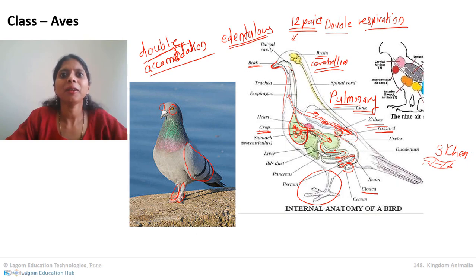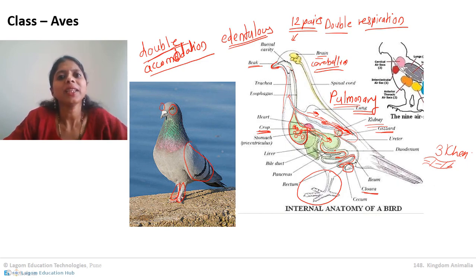For example, the peacock: males are very beautiful with very beautiful feathers, but females are not that good looking. Likewise, male and female look different, and many of them show clear-cut sexual dimorphism.